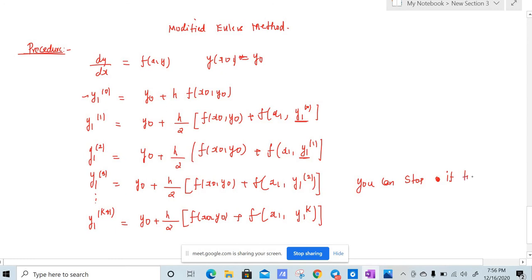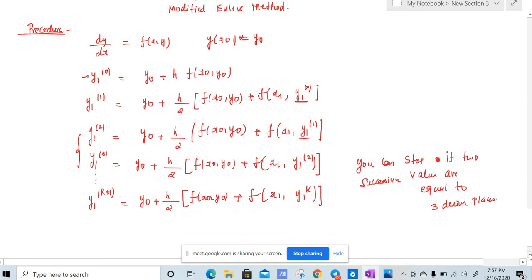You can stop if two successive values are equal to 3 decimal places or 2 decimal places, whatever they give in the question. So again I'll work out the problem. Just learn the formula by heart. Suppose these two are the same, for example 1.25 and 1.25, then that will be the answer. So we'll work out the problem.